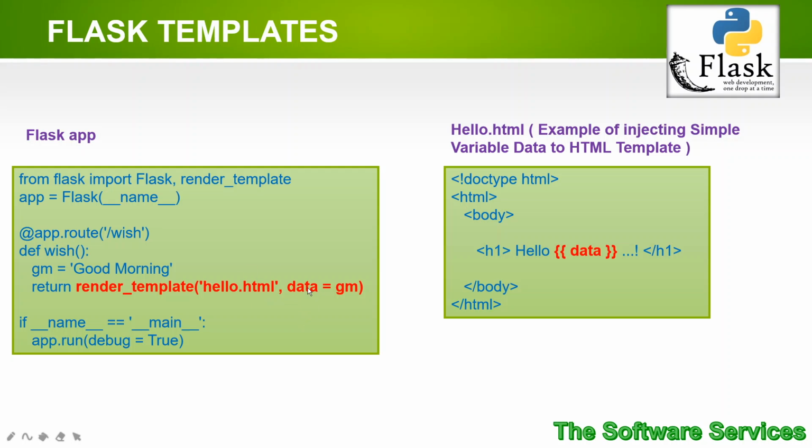It is the keyword argument, data, right friends? That key you need to mention here in order to substitute the content available inside gm, that is Good morning, right? So let me switch to the practical session, friends.